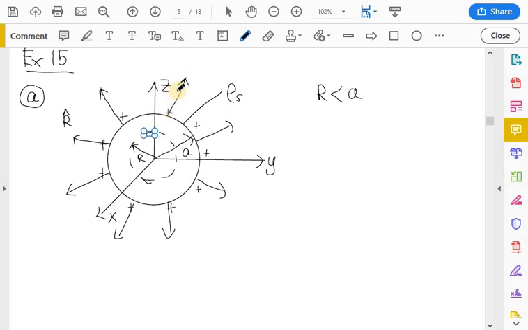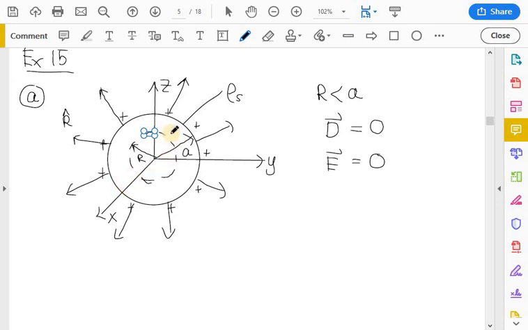Do you have any flux line inside? No. That's why when the R is less than A, you don't have flux line here, and that's why your electric field is also 0. In the other case, if you have a negative charge here, the flux line might terminate at a negative charge, then you will have flux inside. That is another story.